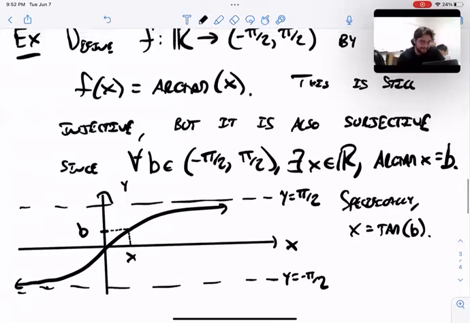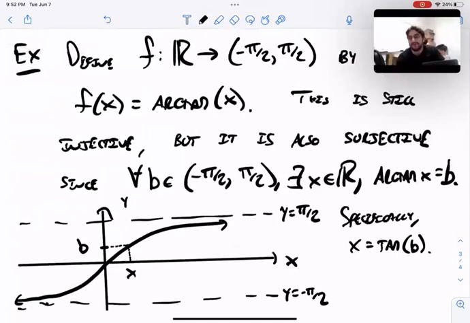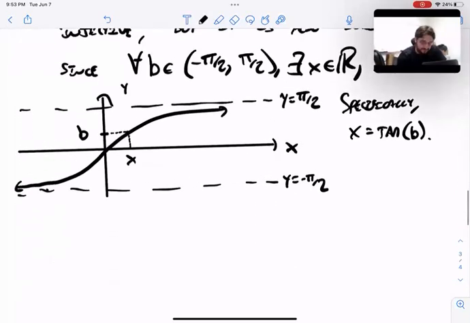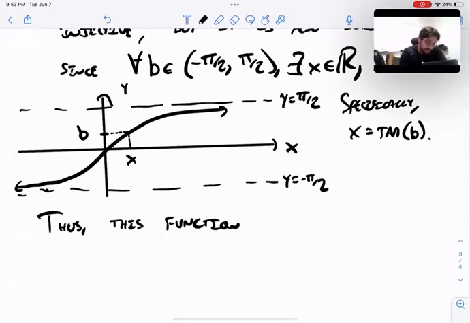So that's the curious thing that we did here. We redefined the codomain to be a smaller set. In particular, we just picked the range of arctangent to be the codomain. And now it's surjective. Now, because it's surjective, this function f is also a bijection.